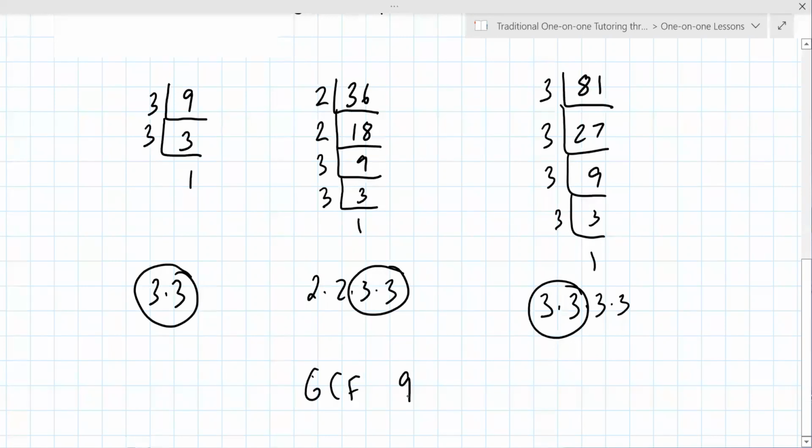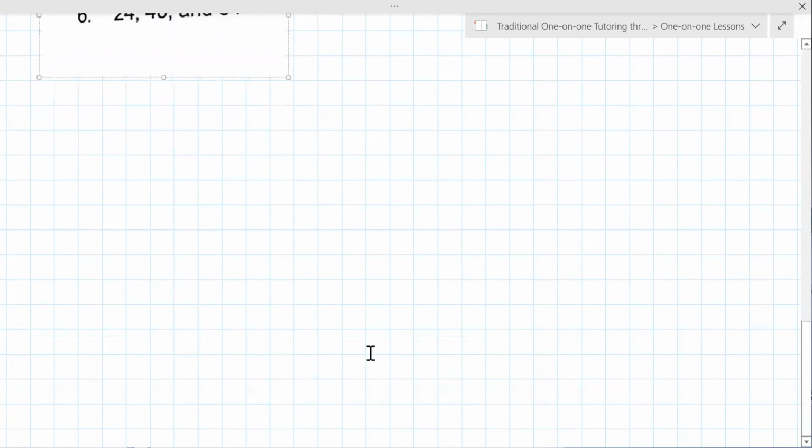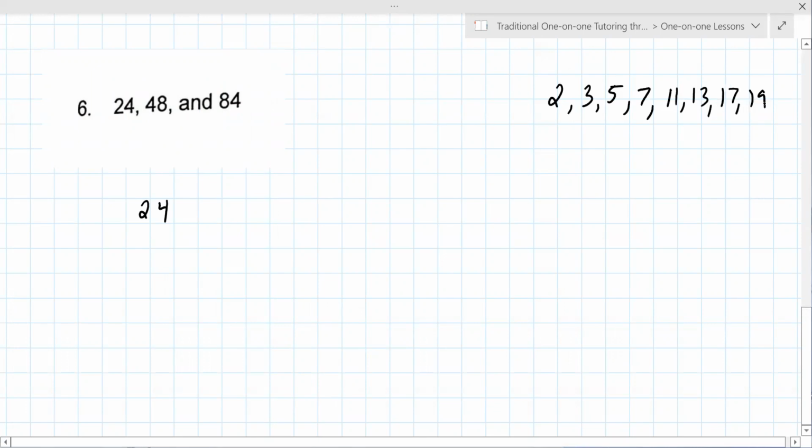Okay. All right, let's look at number 6. All right, so we'll just do the same thing here. Your prime factors. How far up in class did you go with prime numbers? We went all the way up to like 87 or something.